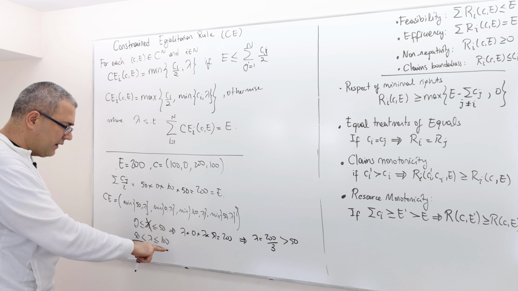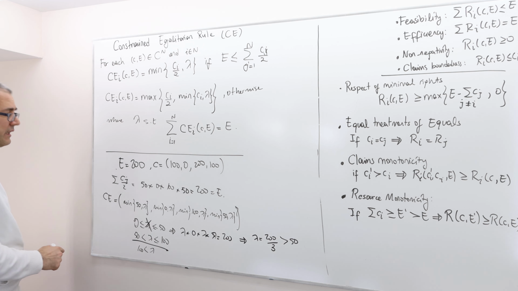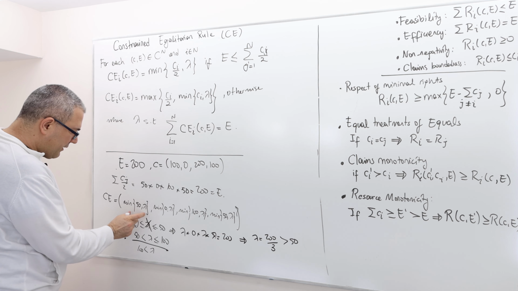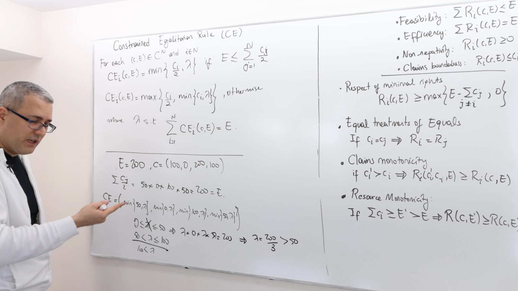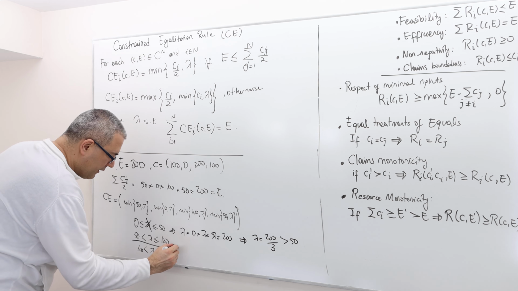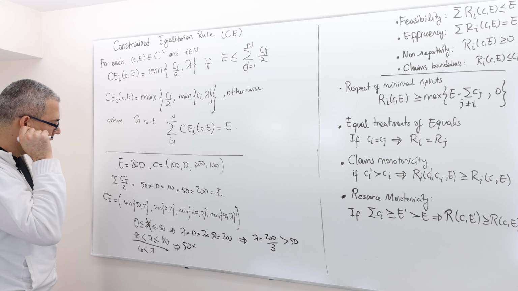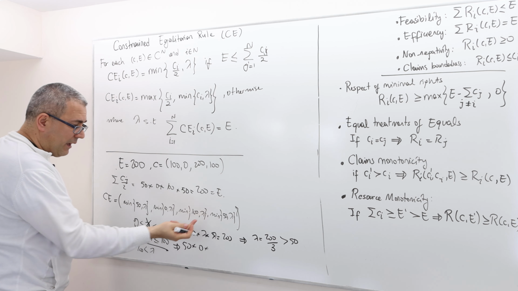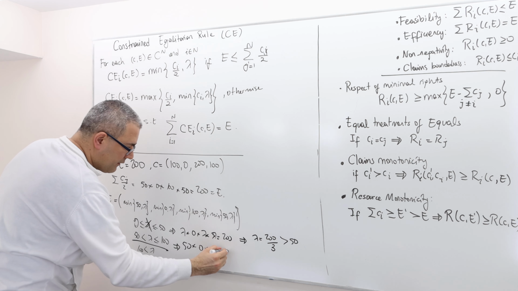So under this assumption, the constrained egalitarian rule's reward vector becomes, remember this is the minimum of 50 and lambda, and lambda is greater than 50. So this becomes 50. So 50 plus, this becomes 0. This becomes, since lambda is less than 100, lambda. So this becomes 50.